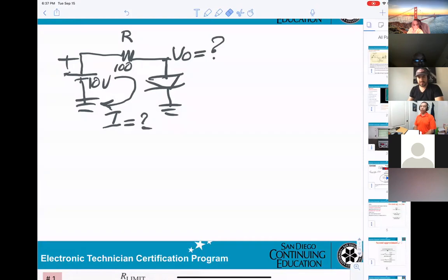How much is the resistance of the diode? Are we going to consider zero resistance for the diode? You're talking about inside the diode? Yeah. They have a very small resistance, but we don't care. Are we going to neglect it?